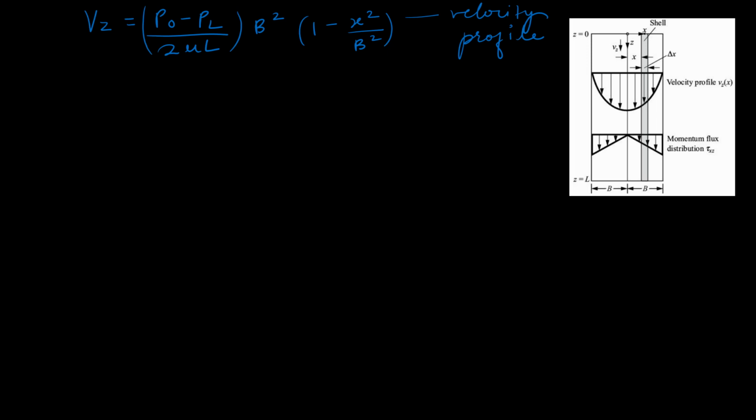At x equals to 0, we need to find the maximum velocity. So at x equals to 0, what is the maximum velocity?